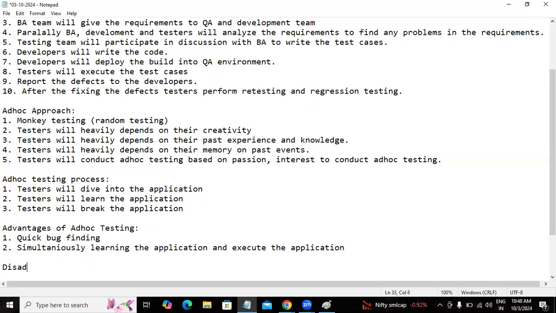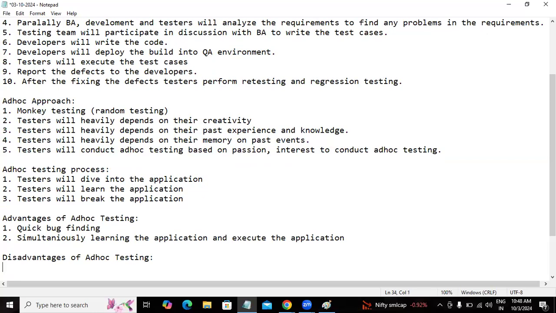Disadvantages of ad hoc testing. Okay. No prevention. It's only a reactive method.